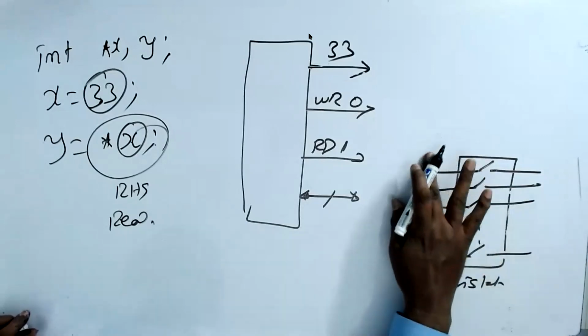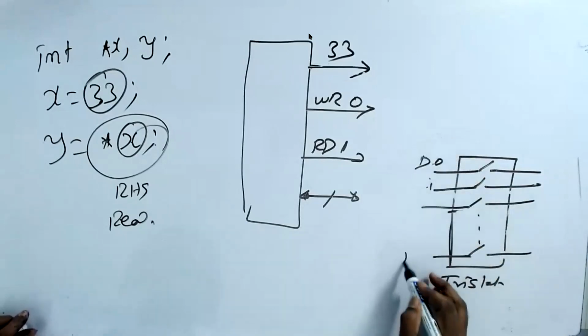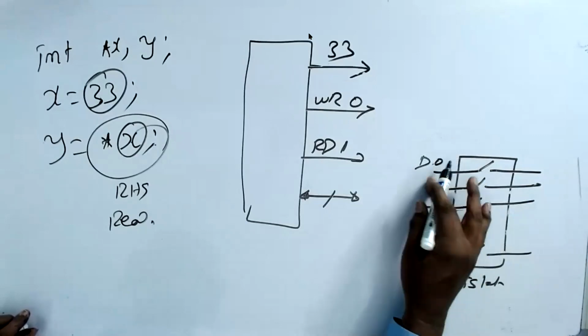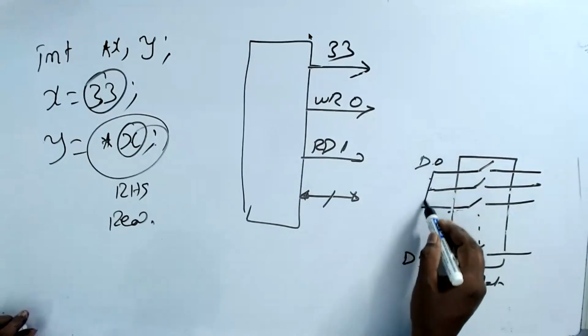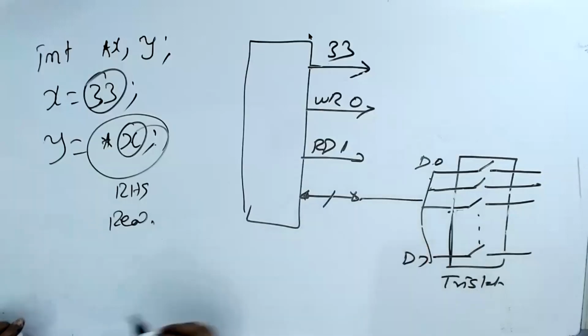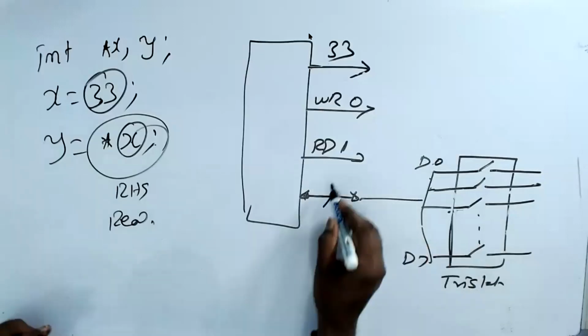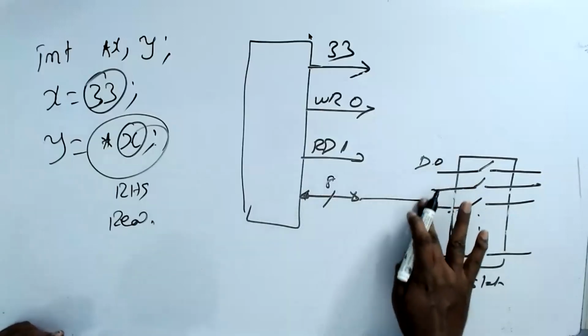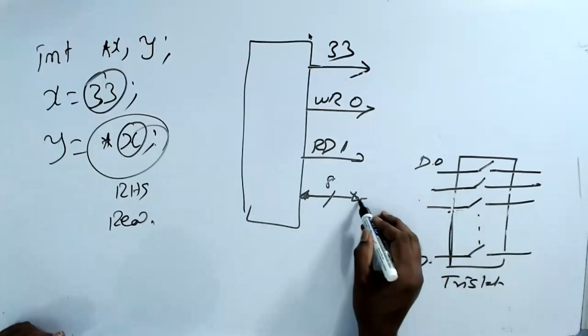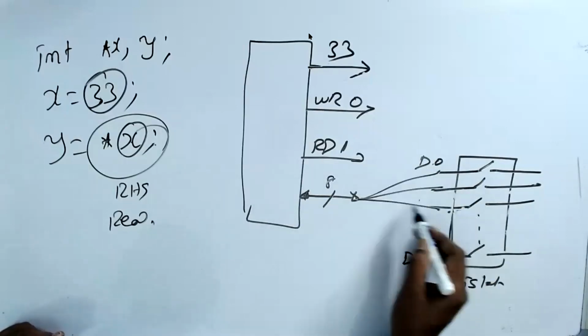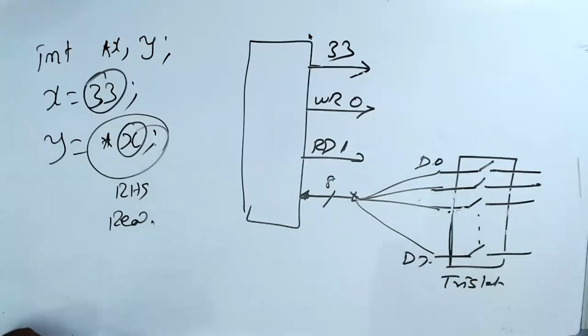So D0 and the others are all connected to this guy, which has 8 wires. I'll write it like this: D0 is connected to I0, D1, D2, up to D7. Done.